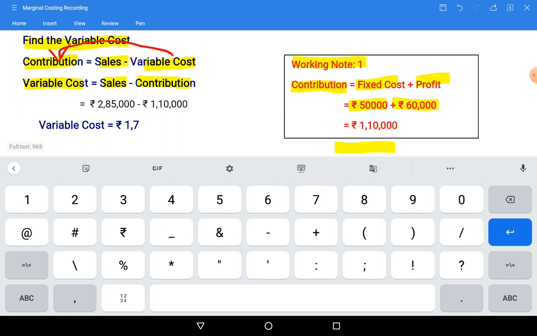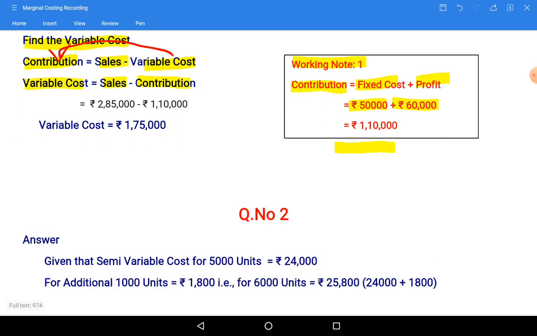Use your calculators if you want. This is how the answer will be. Hope till here you have got an idea about how to solve the problem.